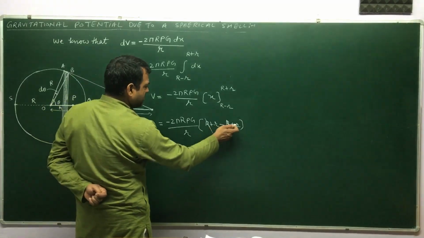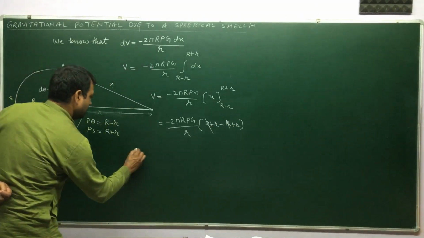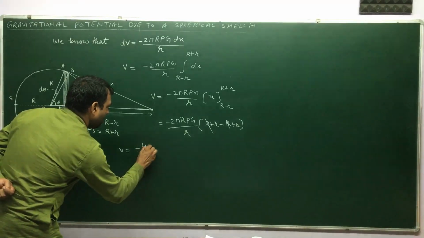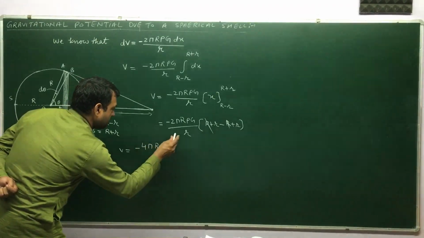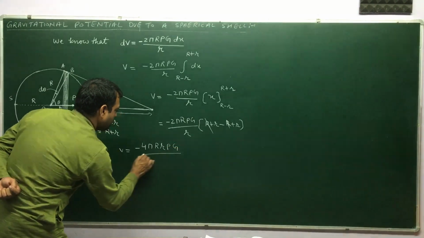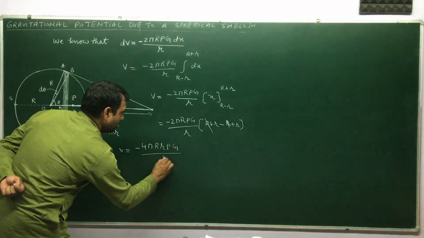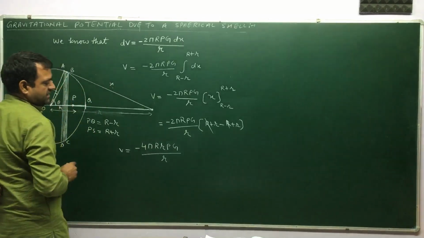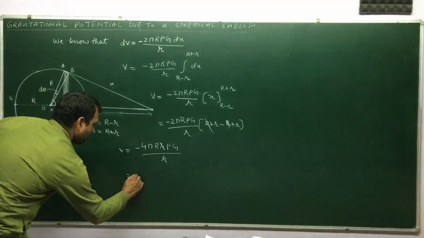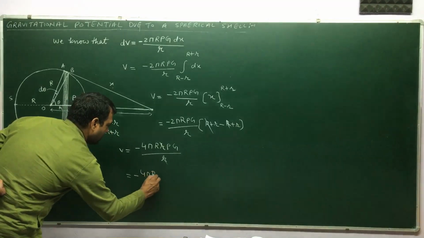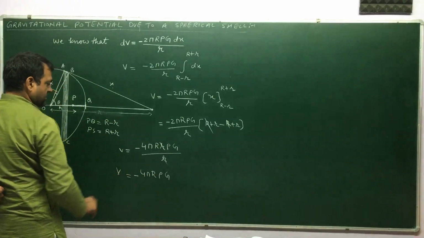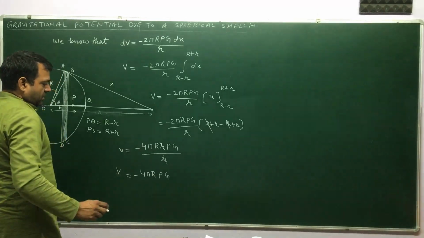This becomes 2r, and V equals minus 4 pi R r rho G by r, and this r again gets cancelled out, giving minus 4 pi R rho G. This is the potential.